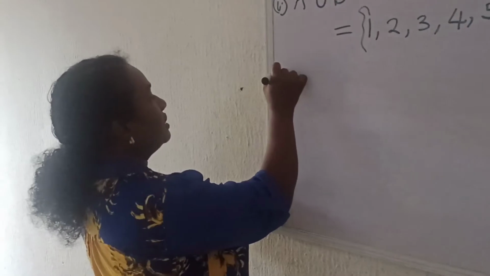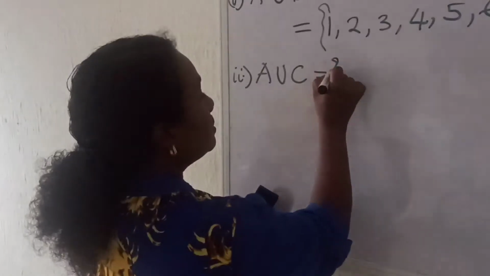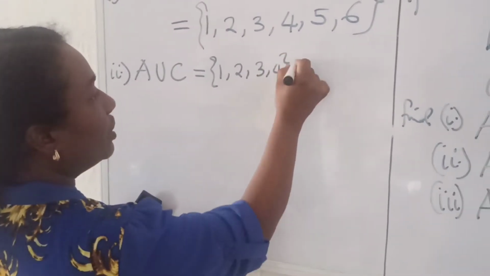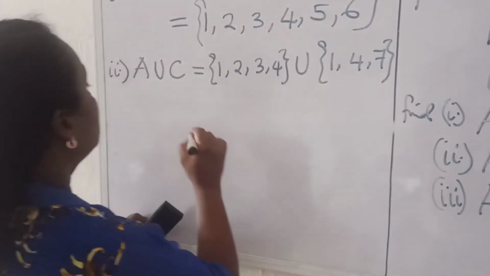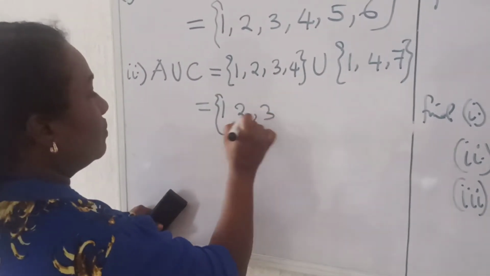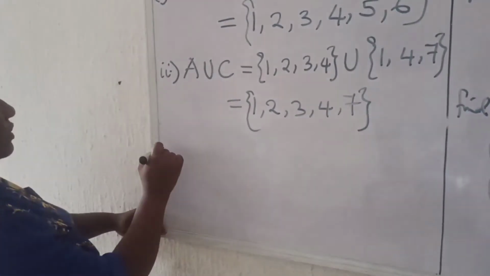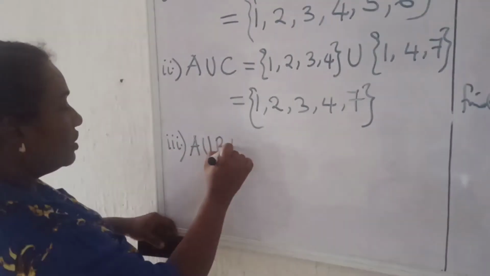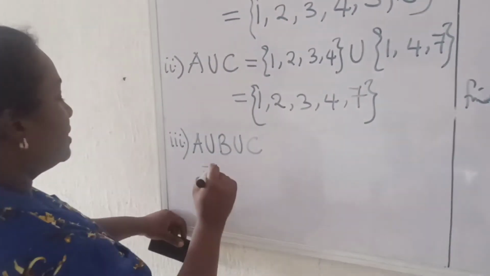The second one is A union C. A union C is 1, 2, 3, 4 union set C, which is 1, 4, 7. The union will be 1, 2, 3, 4 and 7. And the third one, A union B union C, is equal to the union of the three sets.